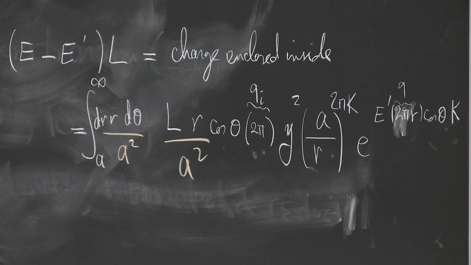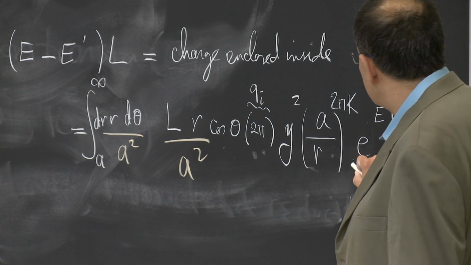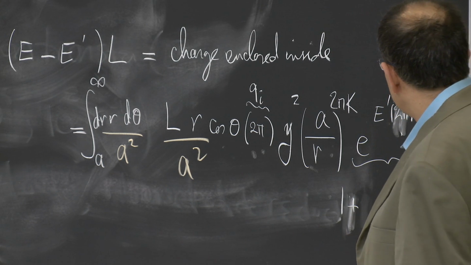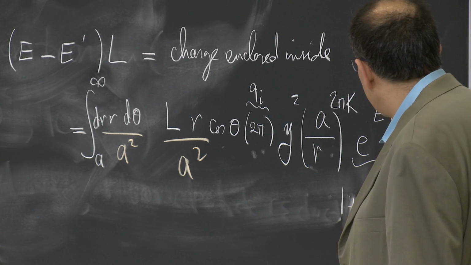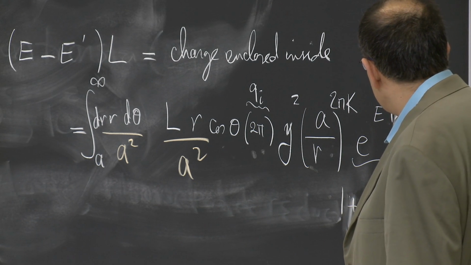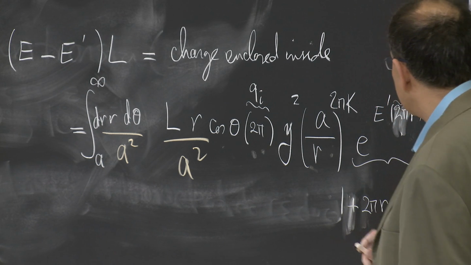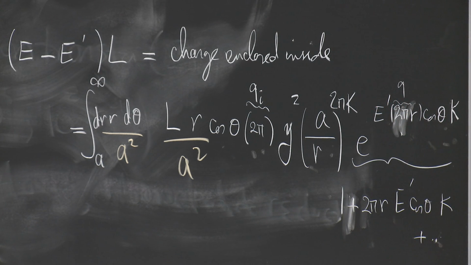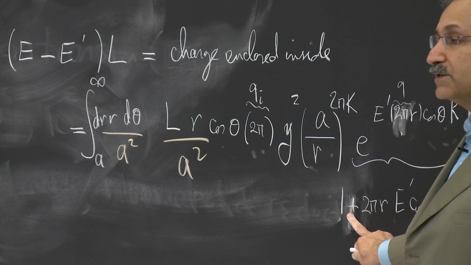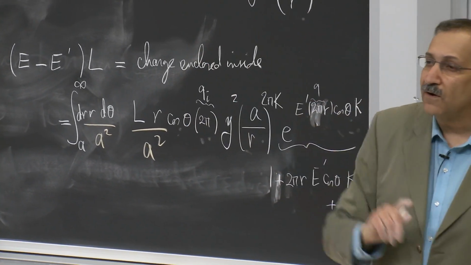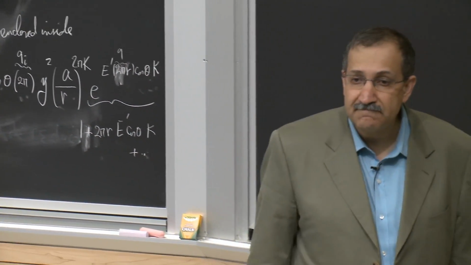So the last step of the calculation is you expand this quantity. It is 1 for small values of the electric field. It is 2 pi r E prime cosine of theta k plus higher order terms. And then you can do the various integrations. First of all, the integration against 1 will disappear because you are integrating over all values of cosine of theta.